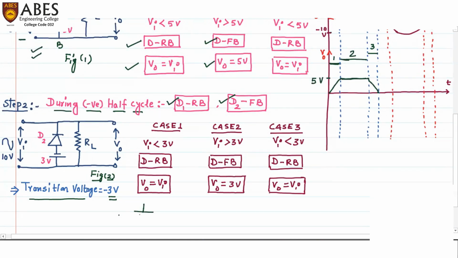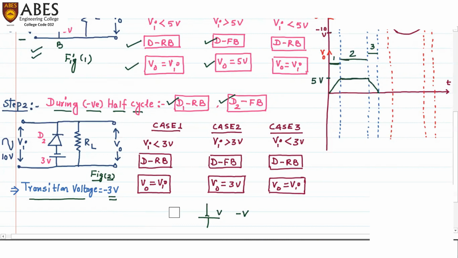If the battery is connected like this, and if its voltage is V, the transition voltage will be positive. If the battery is connected like this, meaning the negative terminal comes first, and its voltage is V, this will be taken as negative voltage. So in figure 2, because the negative terminal of the battery comes first, the transition voltage will be negative. So this is how we have calculated the transition voltage.